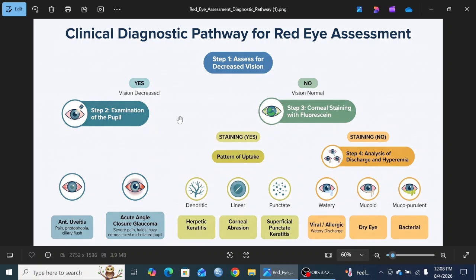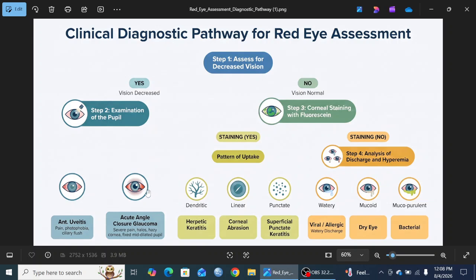And if the patient presents to you with red eye and there is decreased vision, then always examine the pupils of the patient. Is the pupil constricted, or is it semi-dilated or dilated? If the patient is having a constricted, irregular miotic pupil, then always think about anterior uveitis.